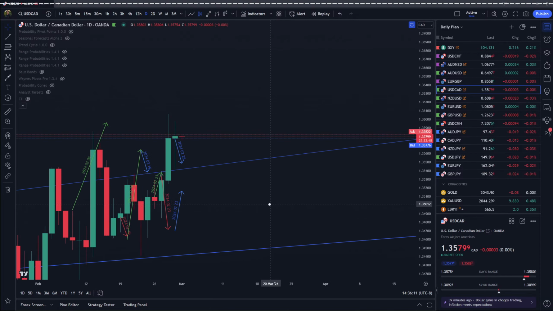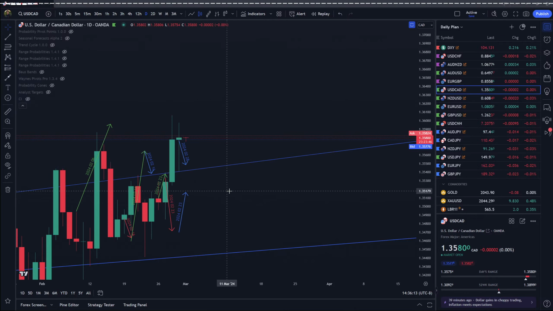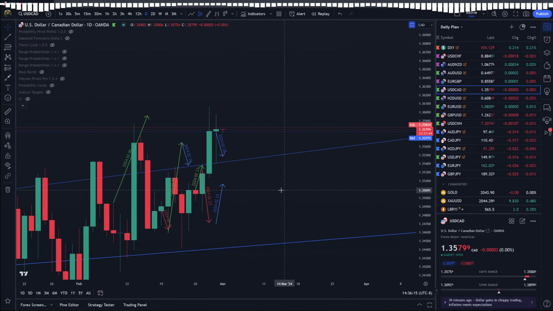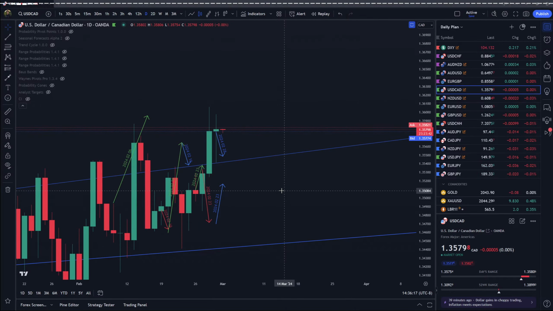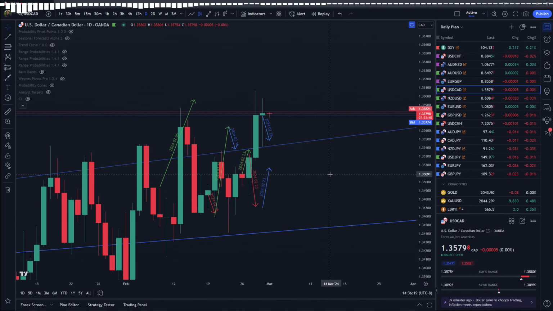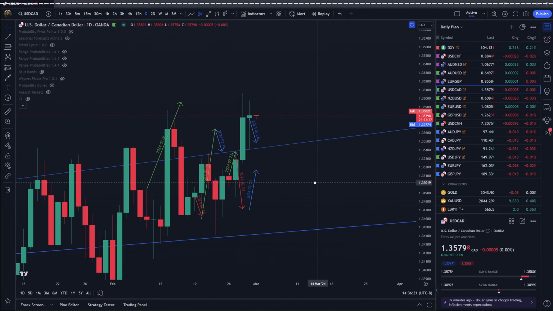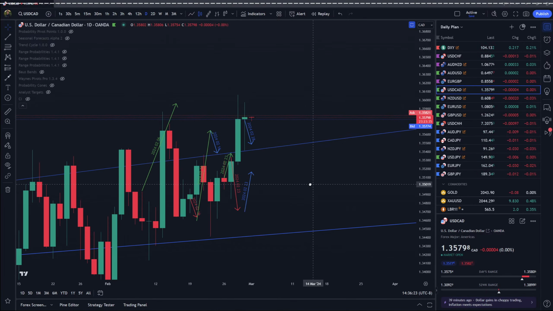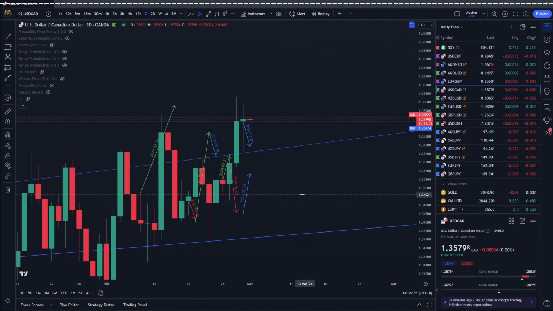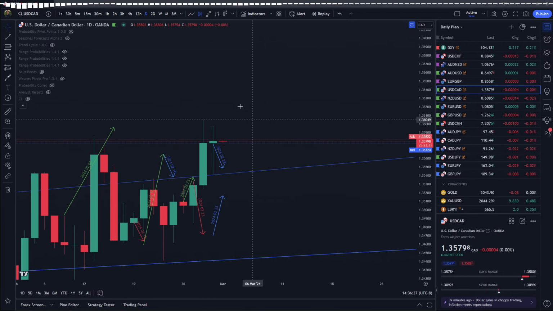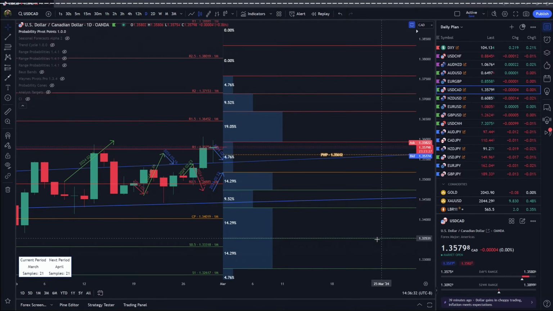Dollar CAD. Man, this thing just keeps getting worse and worse. Canada just keeps surprising to the downside, right? Nutty. All right, let's go ahead and check this thing out for the month.